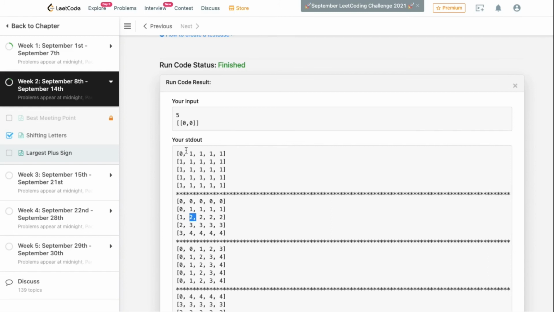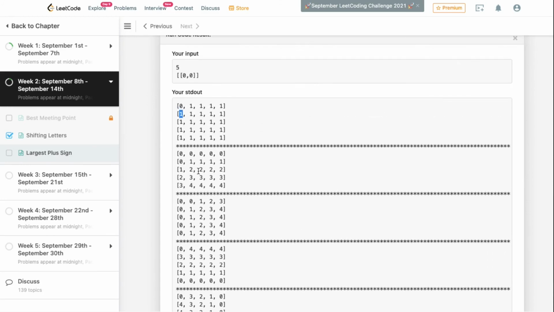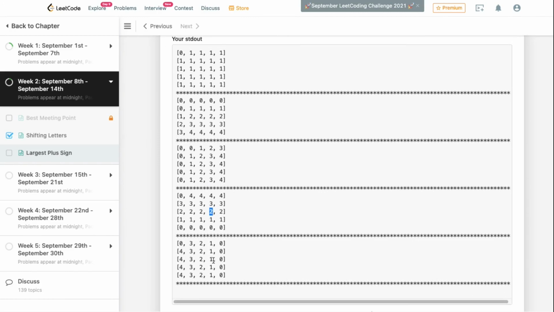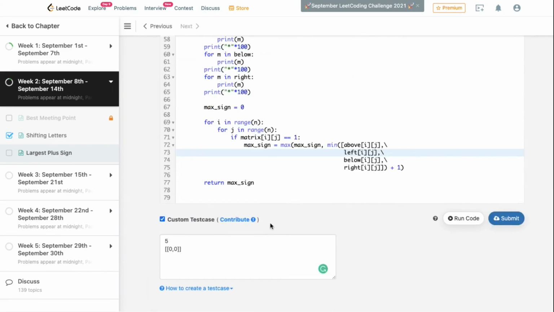Same way here we can see 2, and here we only have 1 because the above one is not considered, so the contiguous one is only 1. Same way we have populated this, and this is my left matrix, this is my below, and this is the right part. So let's try to run this and see if this works.